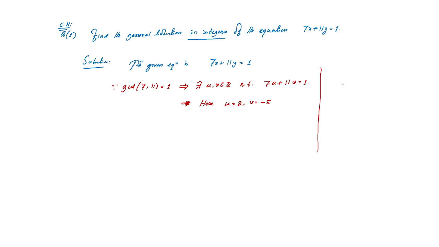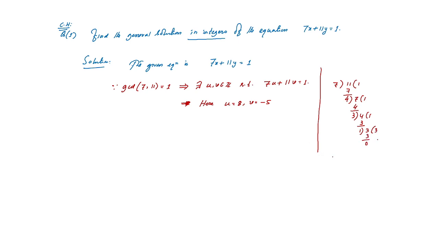How you will check? So just you will divide 7, 11, 7, next 4, 7, 3, next 3, 4, 1, 1, 3, 0. Okay.